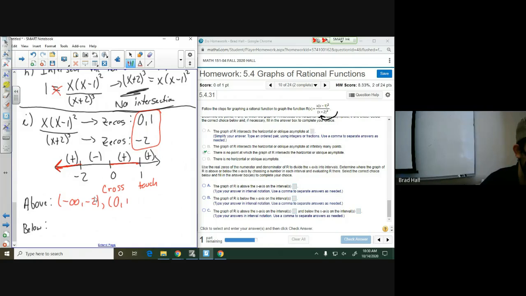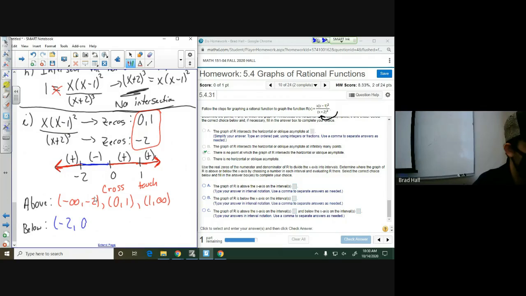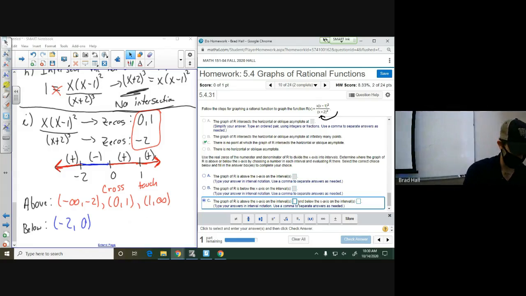So that's 0 to 1. And then the final section over here is 1 to infinity. And then below, there's only one spot with a negative sign. So -2 to 0. And we're going to go ahead and put that in answer choice C, because that's the one that has a blank for above and below.